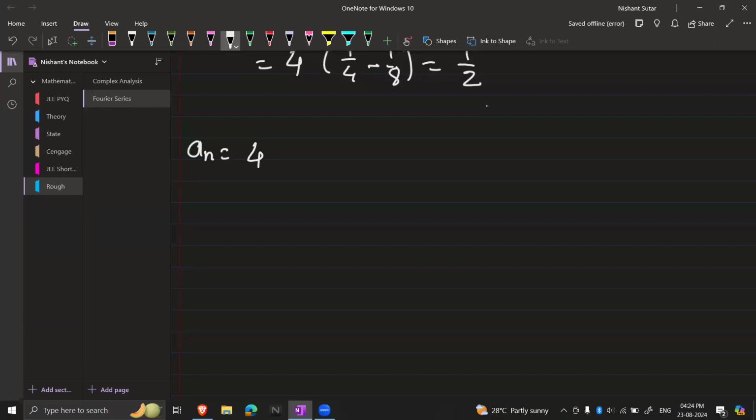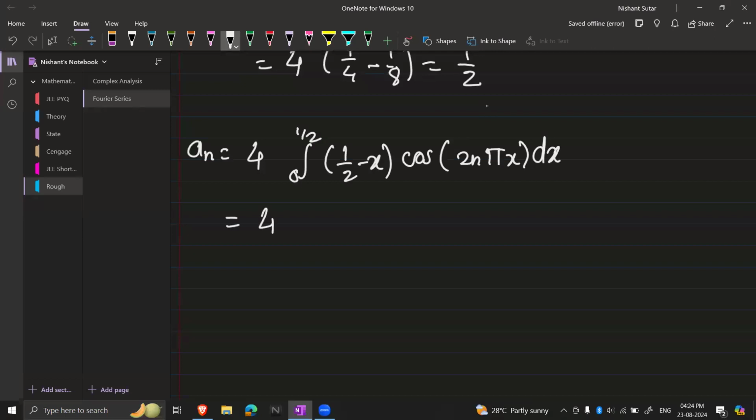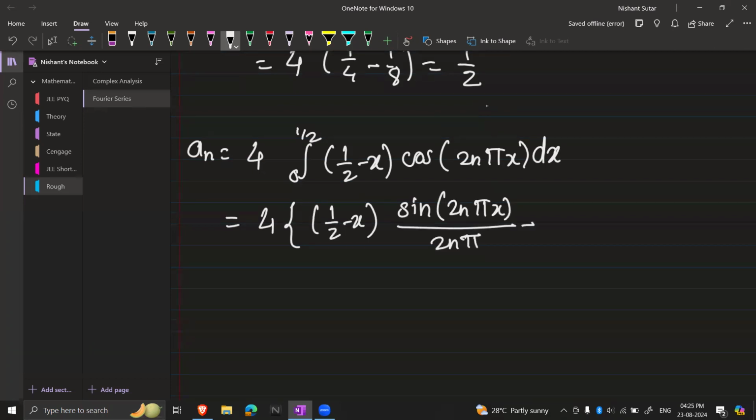Now for an, I'm directly writing 4 times integral 0 to half of half minus x cos of 2 n pi x dx, which is 4 into half minus x times sine 2 n pi x upon 2 n pi, minus, because of this differentiation, it will be plus cos of 2 n pi x divided by minus of 2 n pi whole square in the range 0 to half.